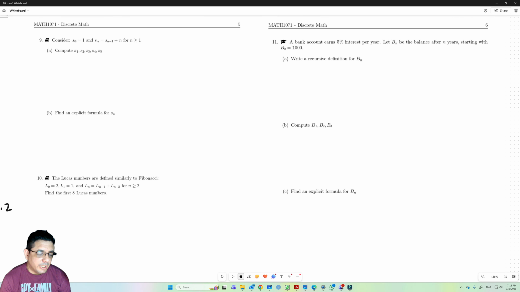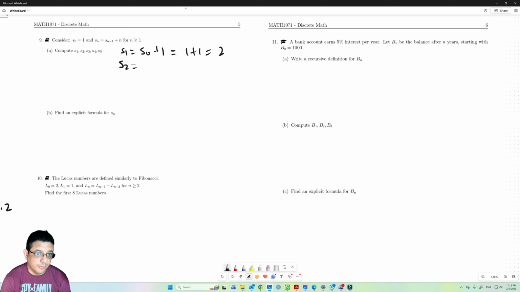Okay, here in question number 9, we have a very similar type of recursive sequence to the idea of what we have for Fibonacci. Actually, 9 and 10 are very similar. So S of 1 is 1, and S of N is going to be S of N minus 1 plus N. So if we're going to find the next terms, for example, S of 1 is just going to be S of 0 plus 1, which is 1 plus 1 is 2.